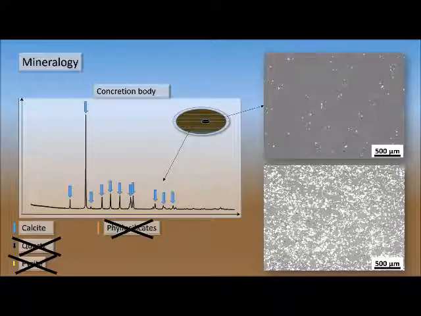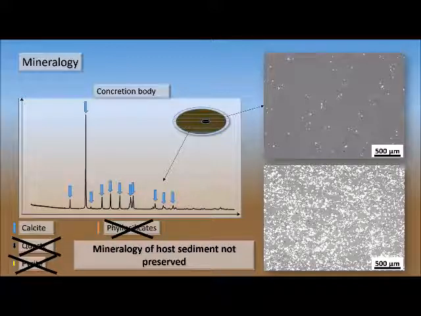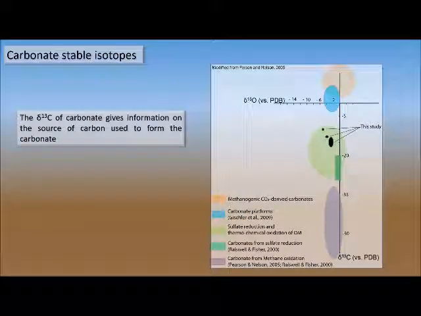What can we say about that? Well, the mineralogy of the host sediment is not preserved in the carbonate concretion. It's been overprinted by the concretion growth processes. So next step, we look at the stable carbon isotopes of the carbonates. And what does it tell us? It gives us information on the source of the carbon that is used in making the carbonates.